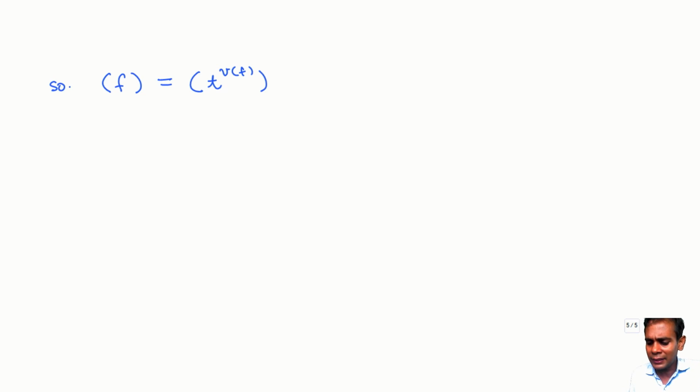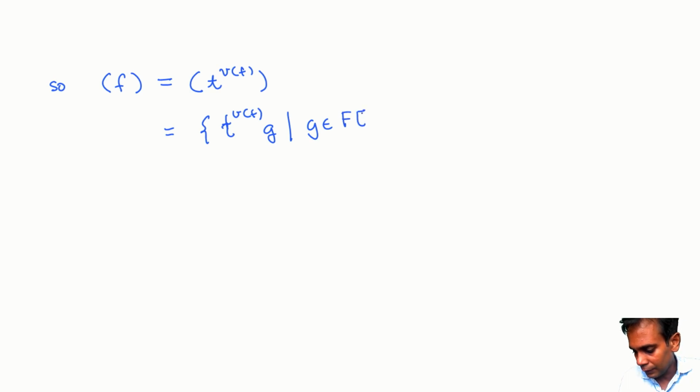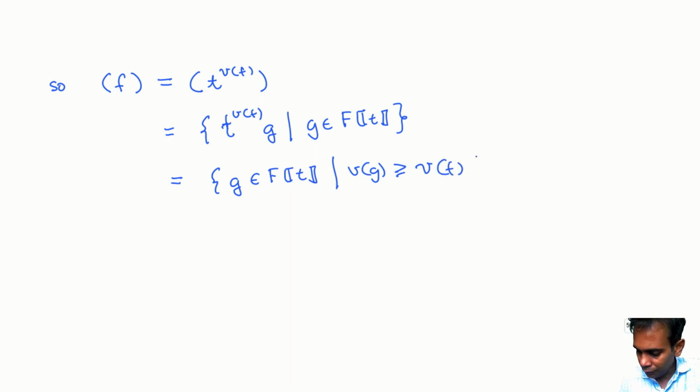But what is the ideal generated by t raised to v(f)? It is all multiples of t raised to v(f). And so this is equal to just t raised to v(f) times g, where g is any element of F[[t]]. But this is of course just the same as the set of g in F[[t]] such that the valuation of g is greater than or equal to the valuation of f.